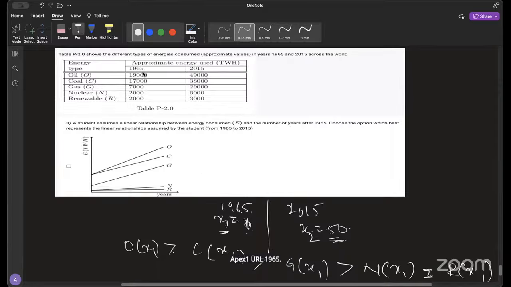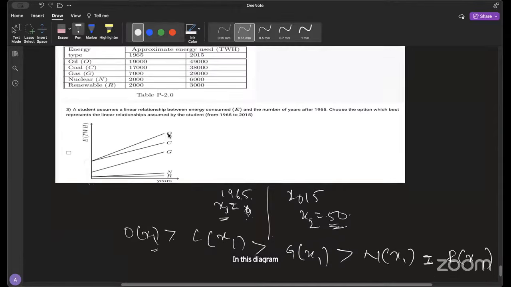So initially the greatest value is for oil, then coal, then gas, then nuclear, and then renewable. So it should be in this order. But in this diagram, the initial value of O and C is the same. So this option can't be correct, right?